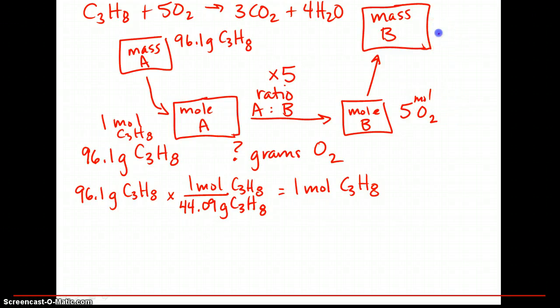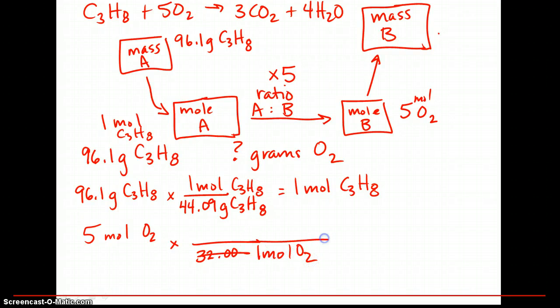I now need to convert my moles into a mass. So I take 5 moles O2. And you notice I have O2 here because we actually, in this case, will keep them as they are in the equation. And I know that I have 32.00, excuse me, I have, for every 1 mole of O2, I have 2 oxygens.